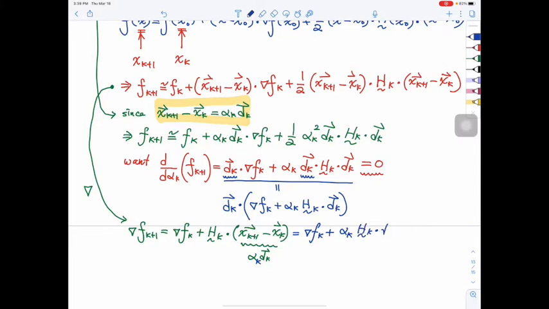Then you will see they are exactly the same. So what does that mean? That means this equals d_k dot gradient f_{k+1}.